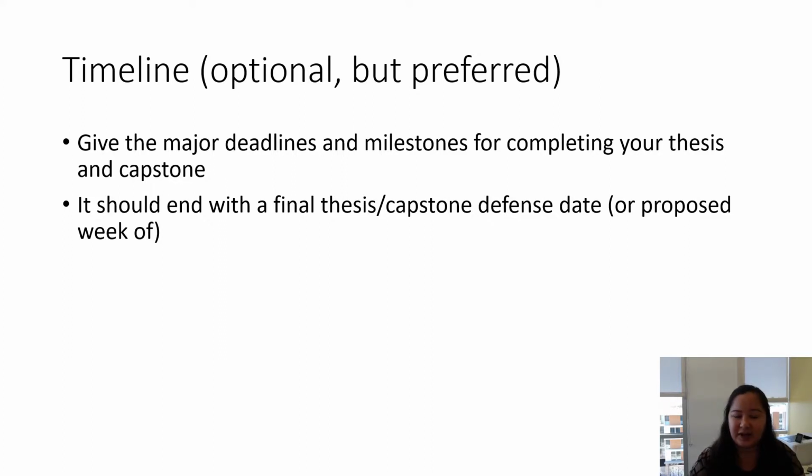If you have to get IRB, include that as well. Like, first thing you'll do is get IRB approval. If you're collecting data, your next big milestone is to actually collect the data. And so just really think about what are the major steps that you need in order to accomplish your thesis or capstone. And just give us a brief timeline, again, ending with your potential week of defense.